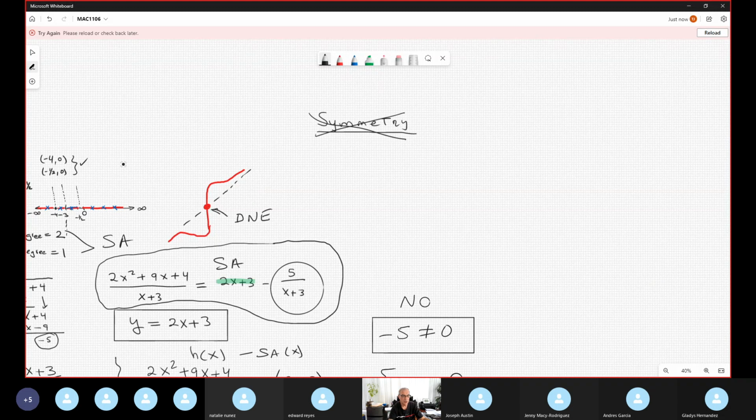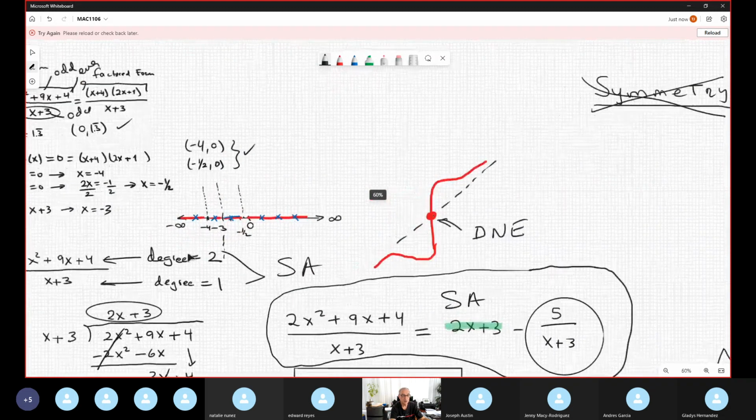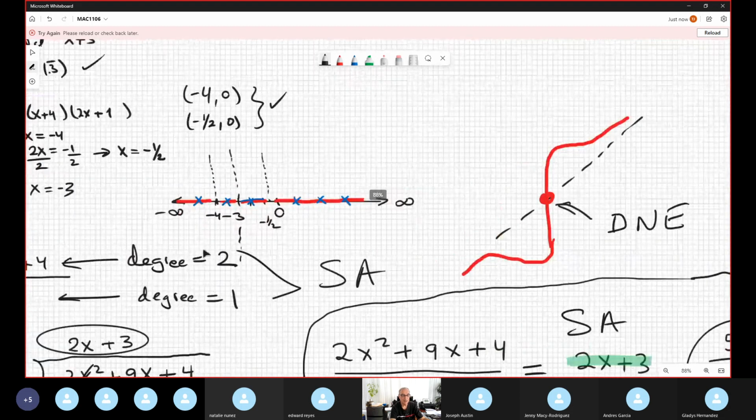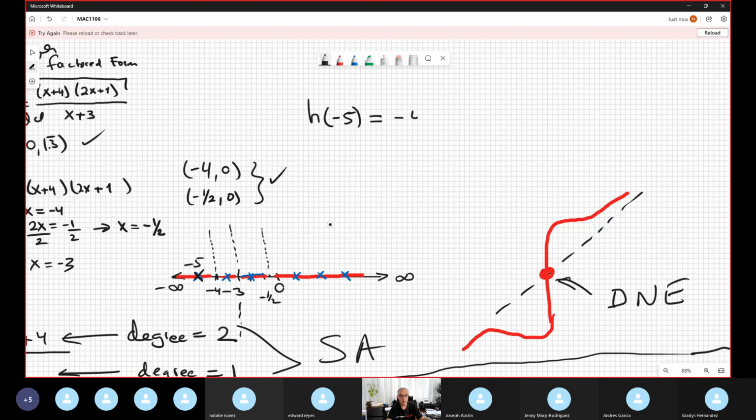And you need to evaluate. I come back here to the one hypothetical point. I pick in my paper -5, because -5 belongs to this interval. And the answer is negative 4.5.